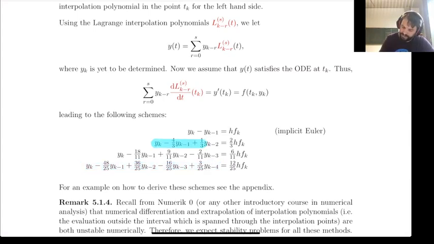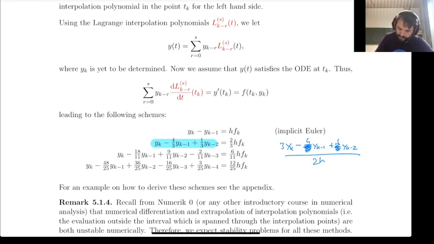Then this one is nothing else than yk minus 4/3 yk minus 1 plus 1/3 yk minus 2 divided by h. That is an approximation times 3/2, I guess. So I need to multiply that through, so then I get 3 over 2h, 4, and 1.